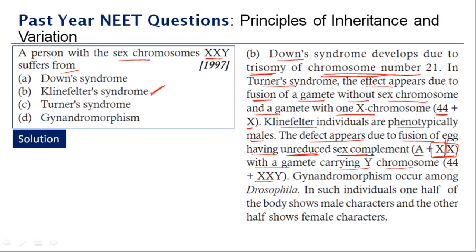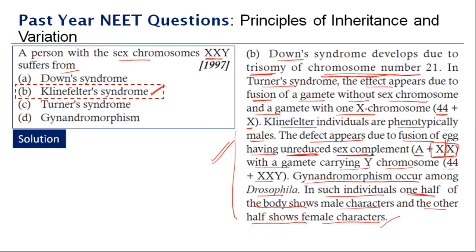So it is 44 plus XXY. And then what is gynandromorphism? It occurs amongst Drosophila. In such individuals, one half of the body shows male characters and the other half shows the female characters. So it is very important that you also read through this solution because it gives you information about all these diseases and the question can be asked on any one of them. So the right option is B.